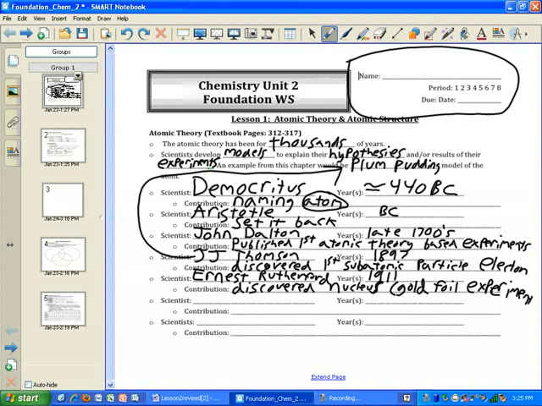And then the next scientist was Niels Bohr. And he made his contributions just after in 1913. What he did was he identified that electrons travel on a specific path.